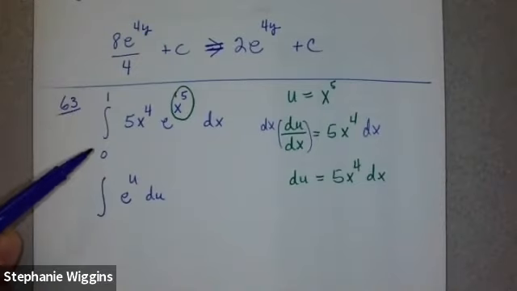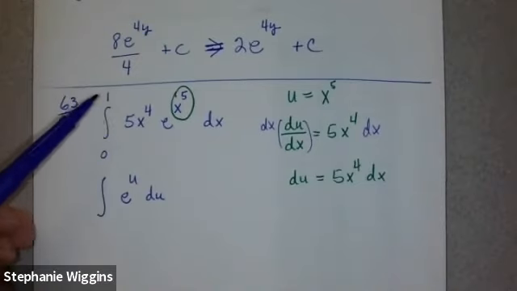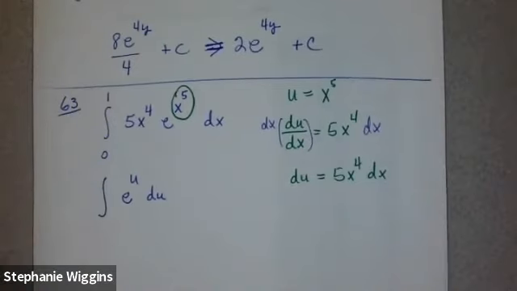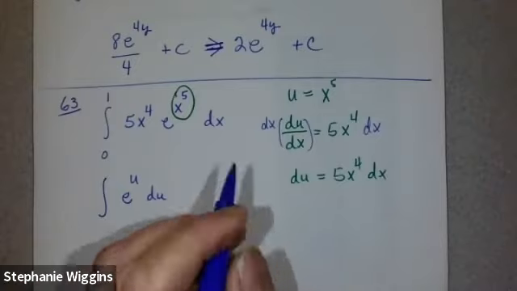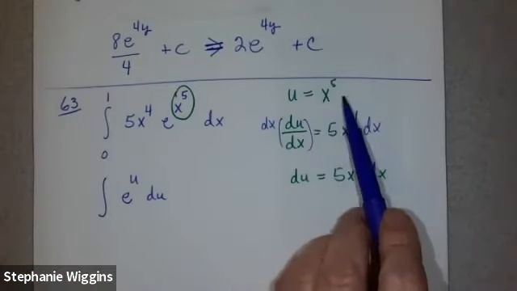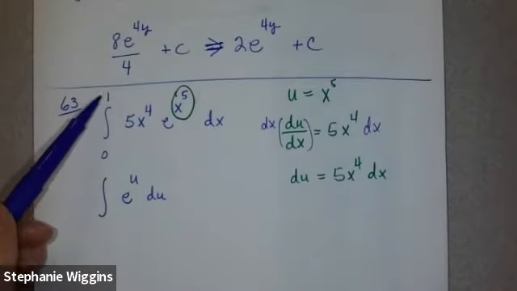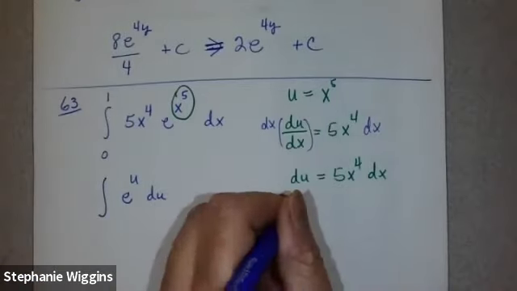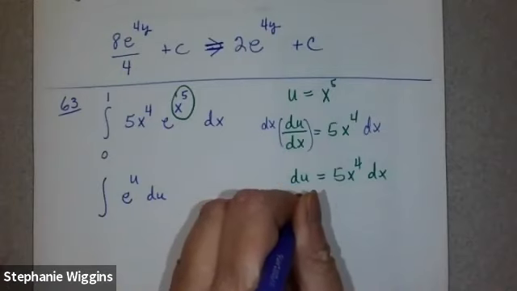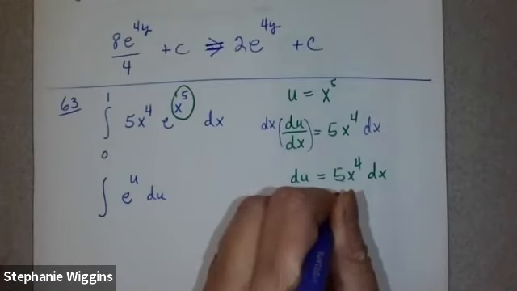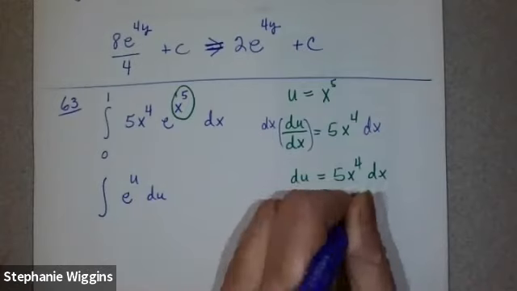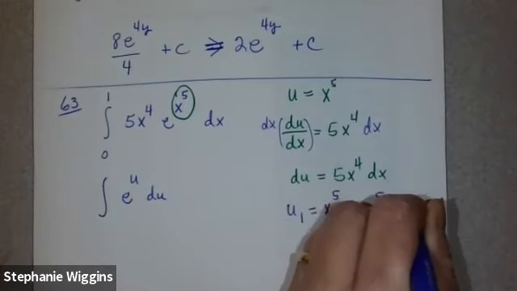Well, remember, these numbers here are on the x-axis, and we're converting everything to u, so we have to convert these numbers as well. So all we do is we take the x and raise it to the 5th power. That's how you change it. Just so happens that 1 to the 5th power is 1. So your u1 is x1 to the 5th power, which is 1 to the 5th power, which is 1.